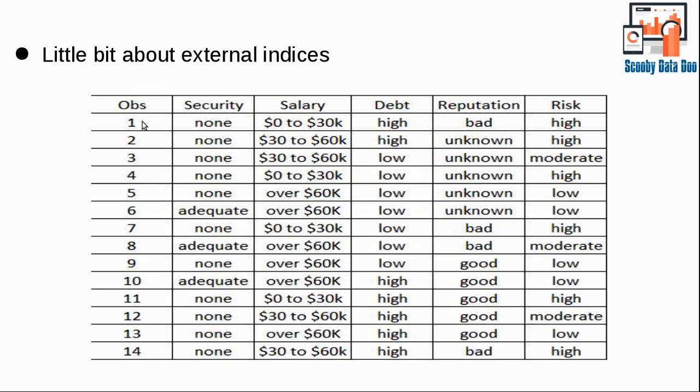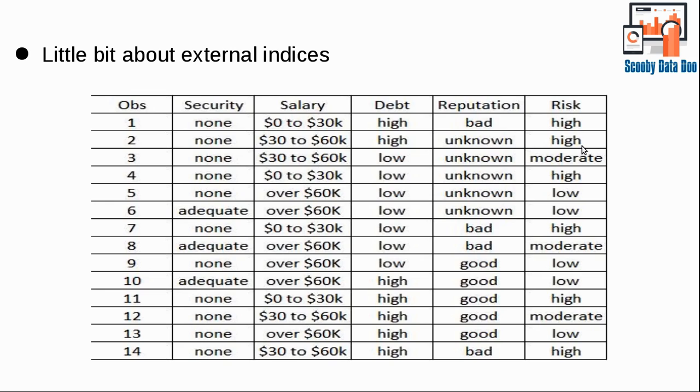Now check the class labels of the generated cluster: high, high, moderate, high, low. So 3 high values, 1 moderate and 1 low value. So it has more high values in the generated cluster.